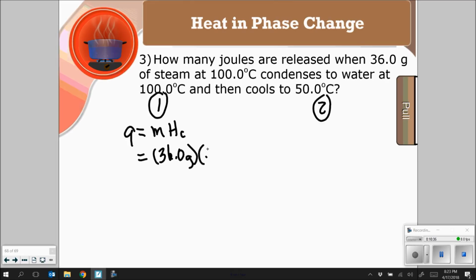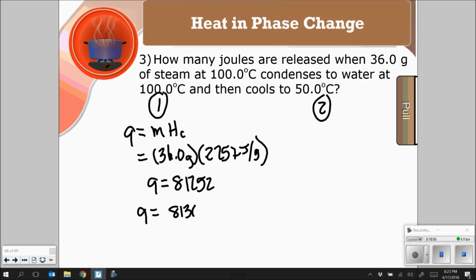And my heat is going to be 2257 joules per gram, per the reference sheet. And then my Q value is going to be equal to, which rounds off to 3 significant digits, 81300 joules. Remember, heat is being released, so my Q value is going to be negative.